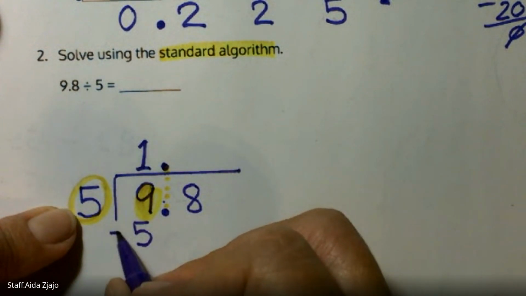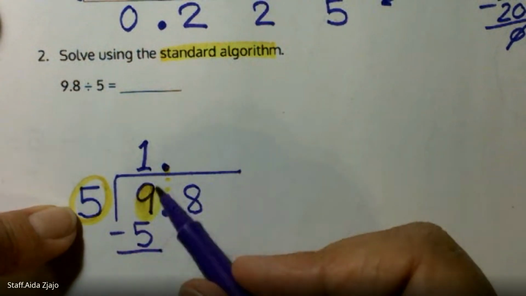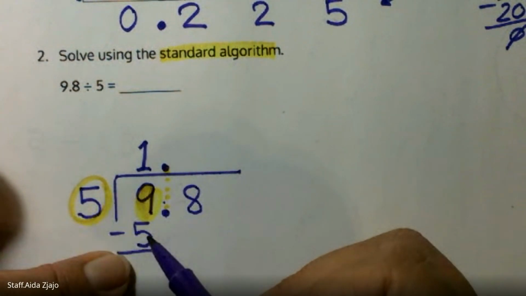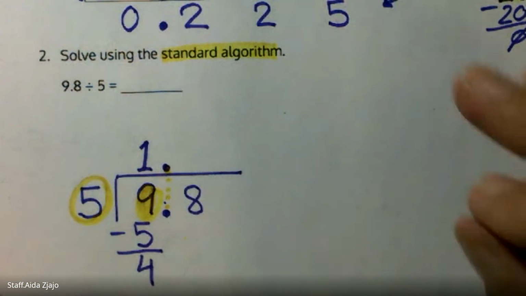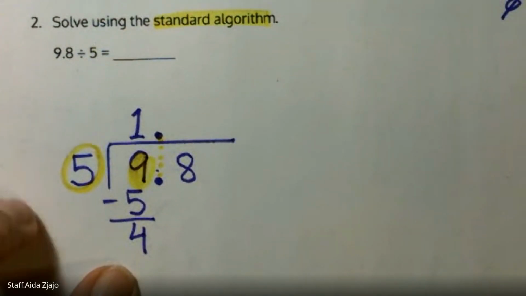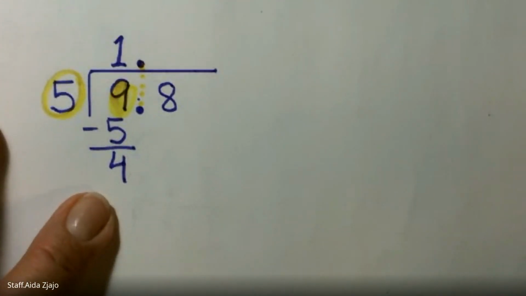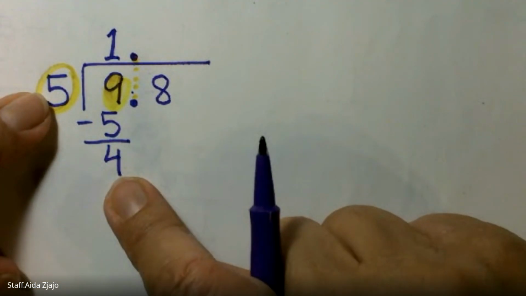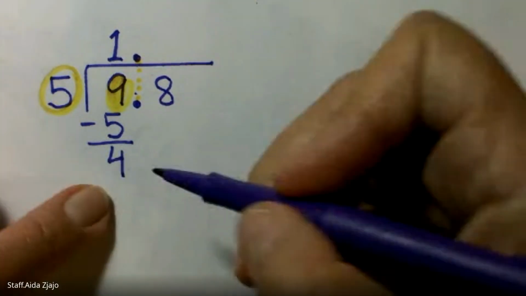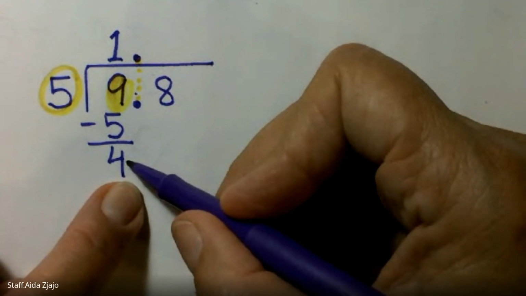When I take away a group of 5, I will have 4 left. So the remainder is good, because the leftover is 4 and my group is 5, so I couldn't make one more group.